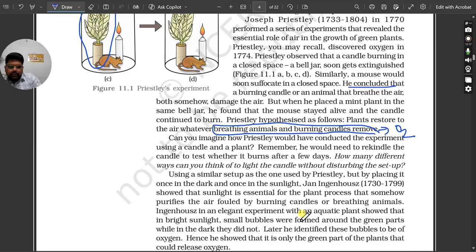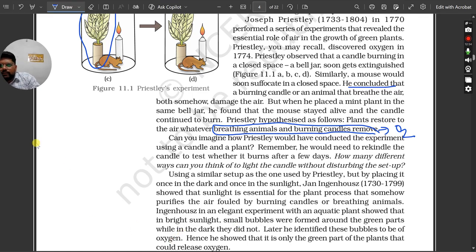In an elegant experiment with an aquatic plant, Ingenhousz showed that in bright sunlight small bubbles formed around the green parts, while in the dark they did not. Later he identified these bubbles to be oxygen.